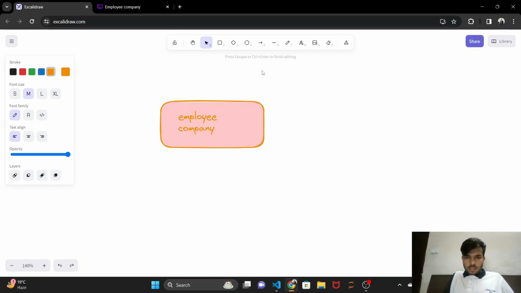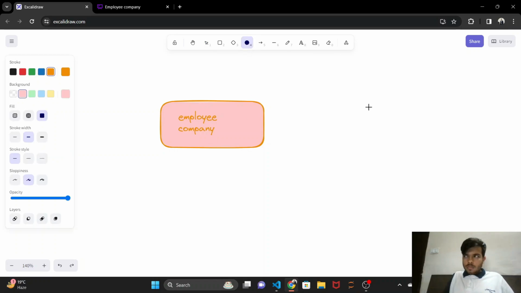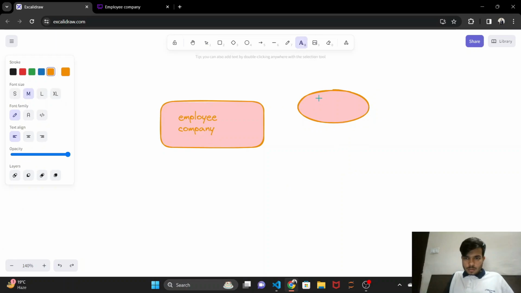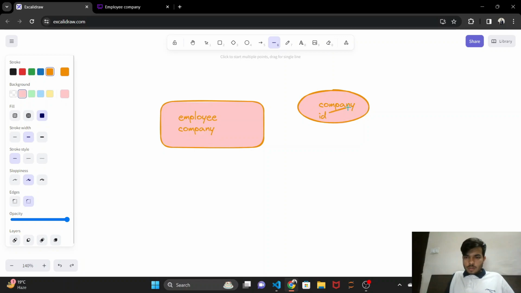It will be having various attributes like company ID. This will be unique, so it is a primary key, so we will be representing it by underline.